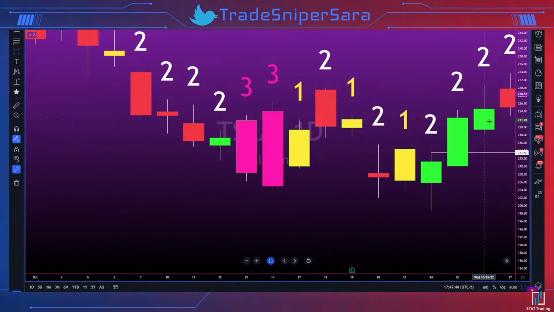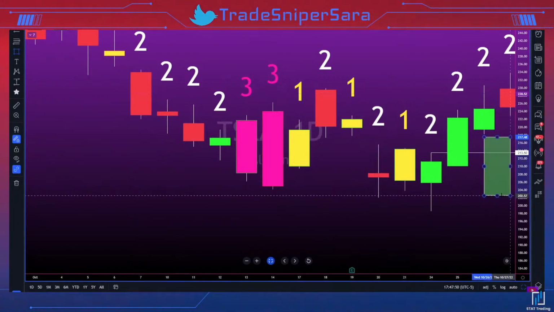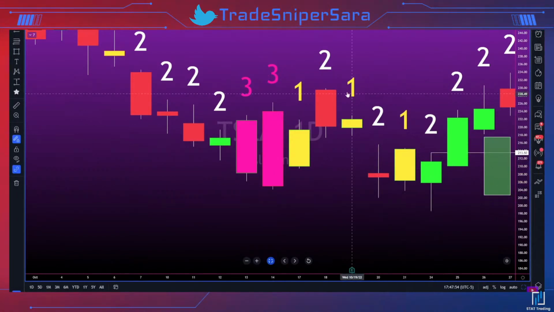So instead of this candle being this candle, let's say it was a 2 down instead. Okay, we would have entered here, targeting up here, right? Because we target pivot highs.